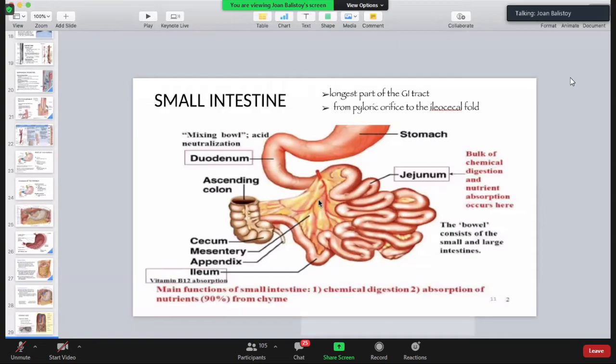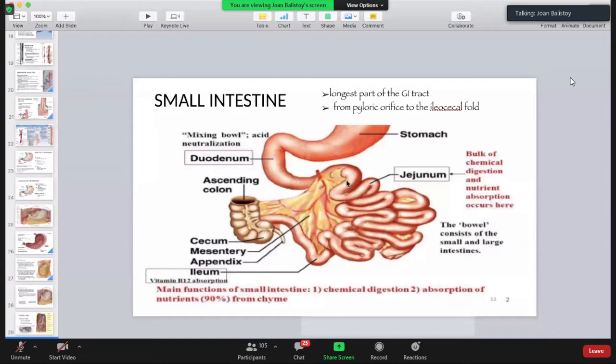So, the bulk of your chemical digestion and nutrient absorption occurs in the jejunum. While vitamin B12 absorption happens mostly in the ileum. Okay, so I hope that is clear.